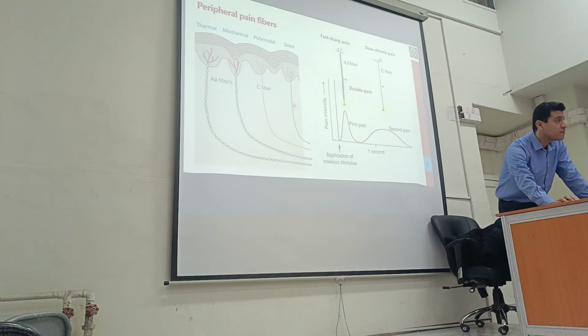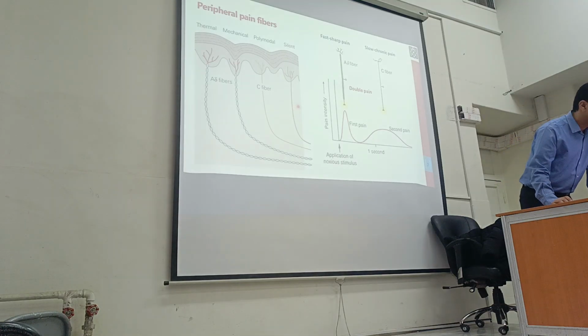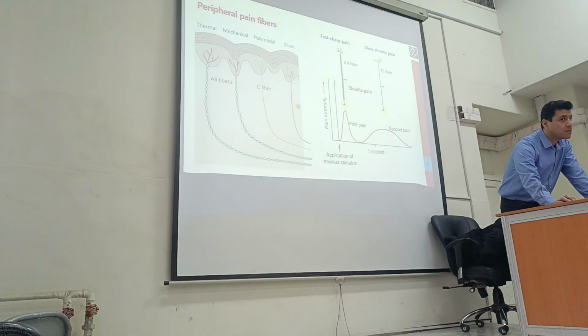So C fiber is unmyelinated, but A delta fibers are myelinated. So fast pain is transmitted through A delta fibers, but slow pain is transmitted through C fibers.